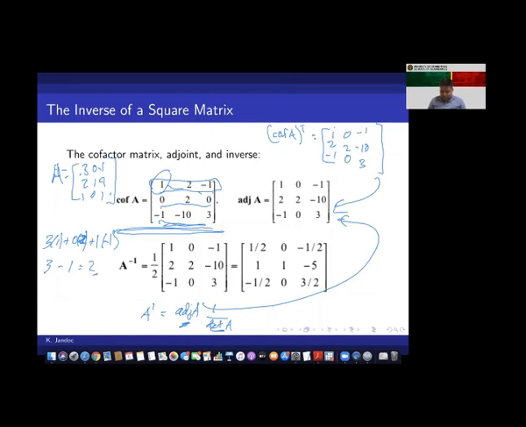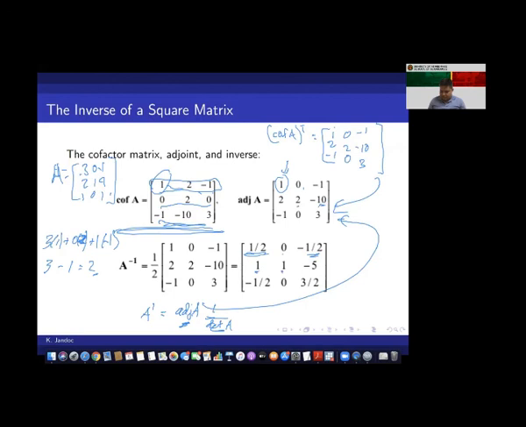So you divide all entries in the adjoint by 2. It's 1 over 2 times the adjoint. Dividing 1 by 2, you get 1 half. 0 divided by 2 is 0. Negative 1 divided by 2 is negative 1 half. 2 divided by 2 is 1. 2 divided by 2 is 1.